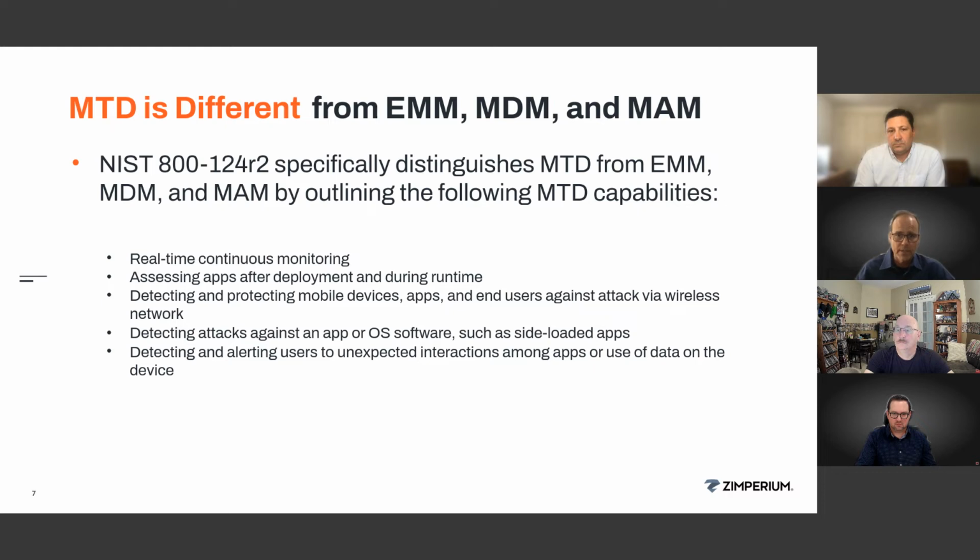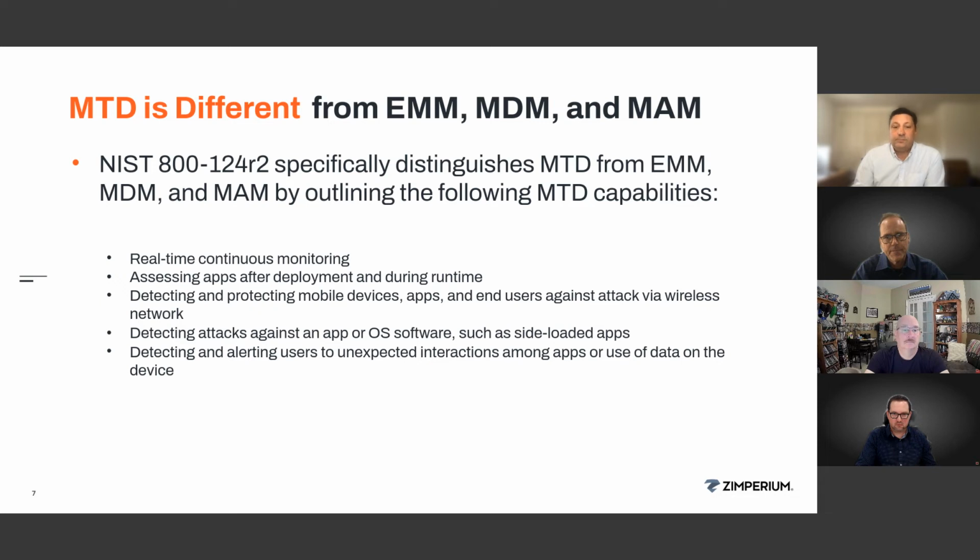And the short of it is you cannot accomplish what is required for CMMC specific to 800-171 without MTD. Your MDM will not get you there, is the point. Right. So this call out is referenced in the CMMC assessment guide for mobile devices.